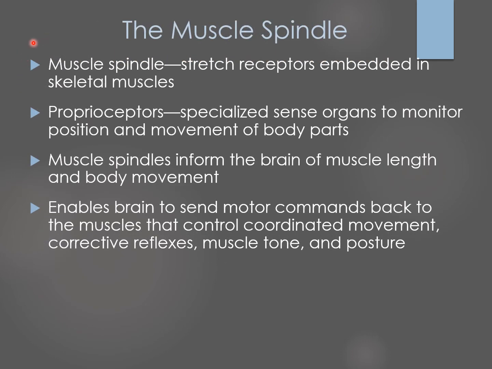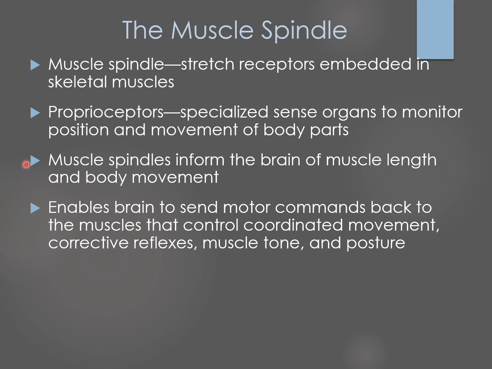We have some somatic reflexes that involve what we call the muscle spindle. And these are stretch receptors that are actually embedded in your skeletal muscle. And they are among the proprioceptors that sense your body position and the movement of the body parts.